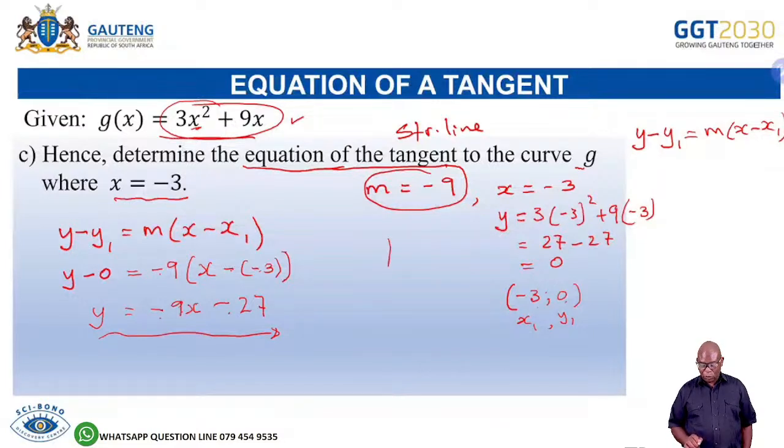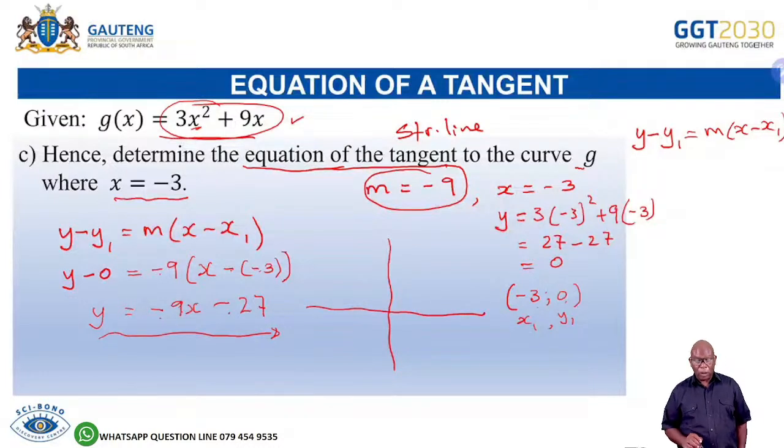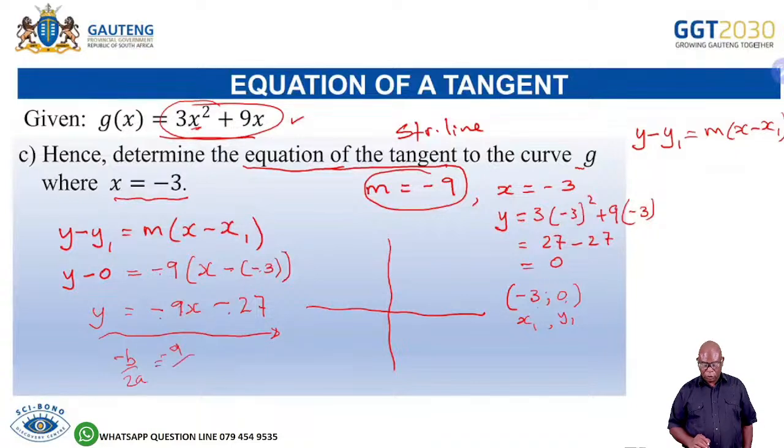I think that line will be negative, because the graph is going to be turning at minus b over 2a, so negative 9 over 2 into 3, negative 9 over 6, sorry, which is negative 3 over 2.